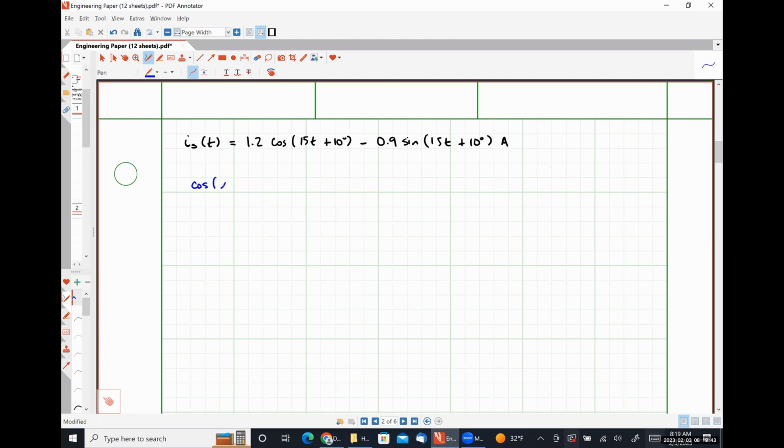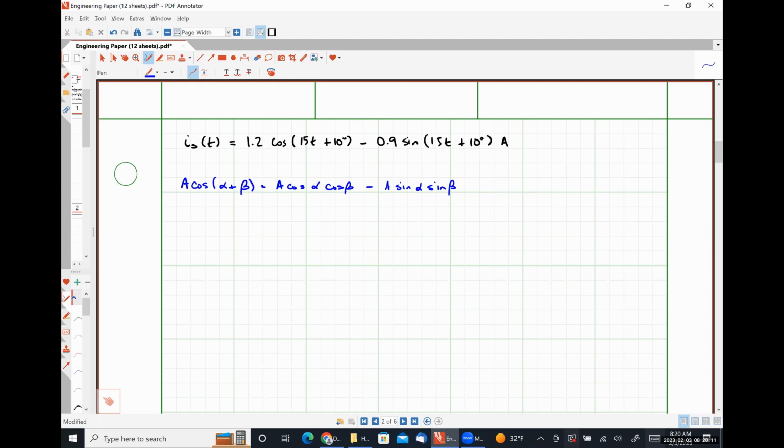So cosine alpha plus beta is equal to cosine alpha cosine beta minus sine alpha sine beta. I'm going to make one small change. If I have a magnitude out front, that magnitude carries over here. Anybody have any problem with that?